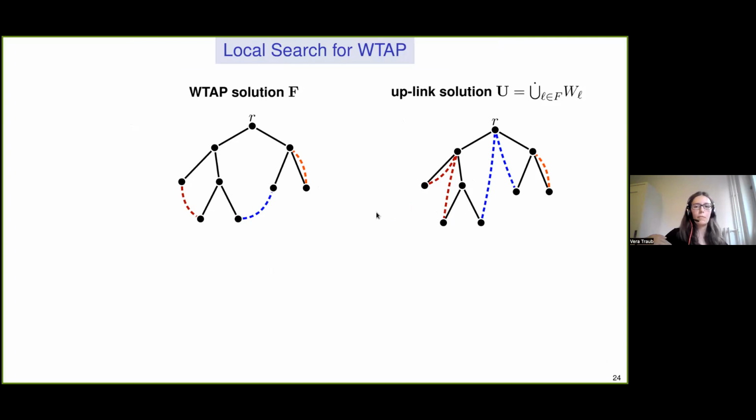We obtain this by first of all splitting every link into two uplinks. This gives us these witness sets. But then, and this is exactly the point that was just raised in the question, which was a very good question, we will shorten the uplinks here on the right in such a way that every edge is covered by exactly one link. And then these two red links here will form the witness set of the link on the left.